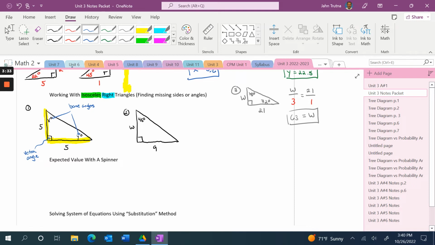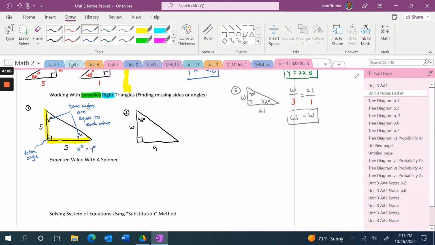Now, why is that important, you ask me? Well, students, it is important because the rule about an isosceles triangle is that the base angles are equal to each other. So what this means in example number 1 is that the angle that is x is going to be equal to the angle that is y.